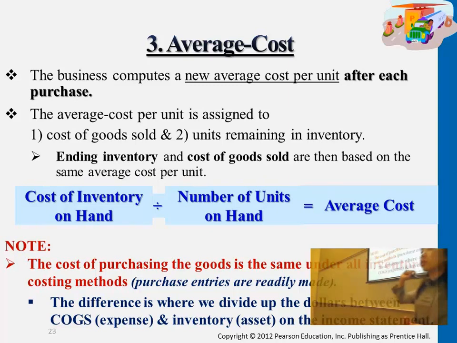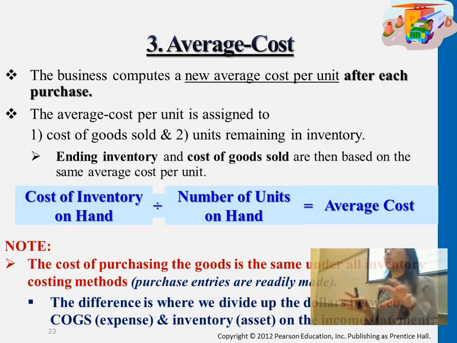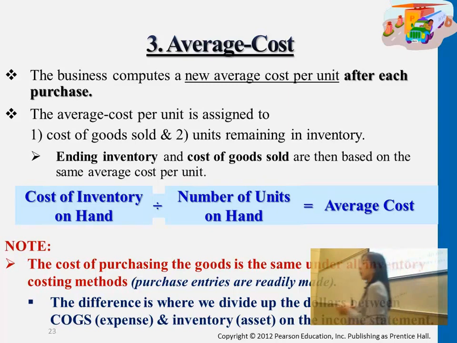Basically what we're trying to do is we're not assuming customers either purchasing from earlier ones or later ones, not by the sequence, but every time when we have new purchase inventory transaction, we would do an average cost and figure out what is the average price, let's say, for each and every bottle of Coke. So then when customer purchases it, we just use the average price to assign to those bottles that we sell out to customer.